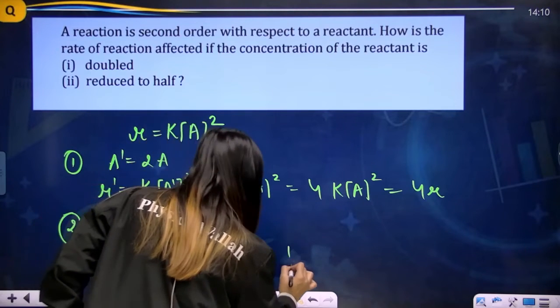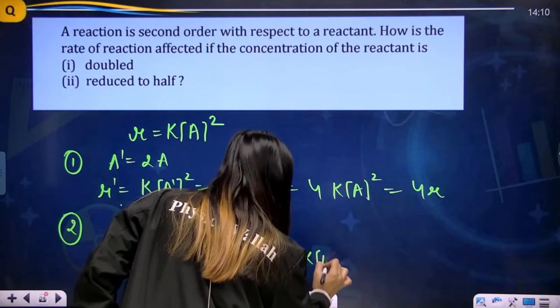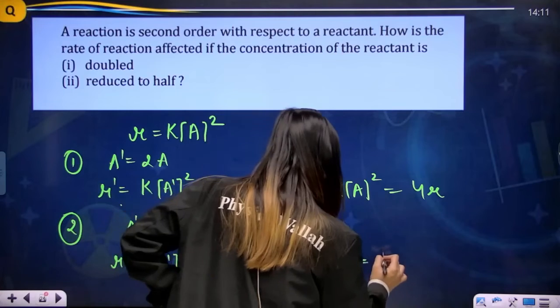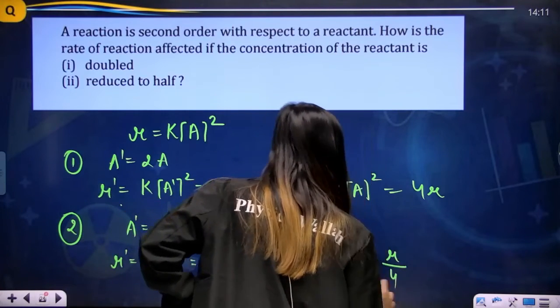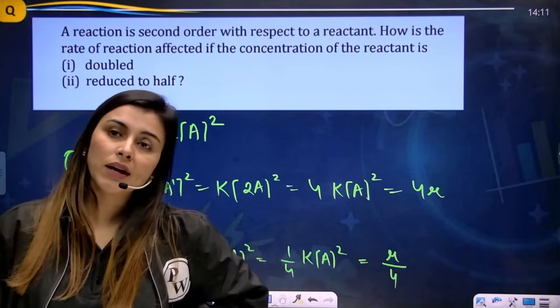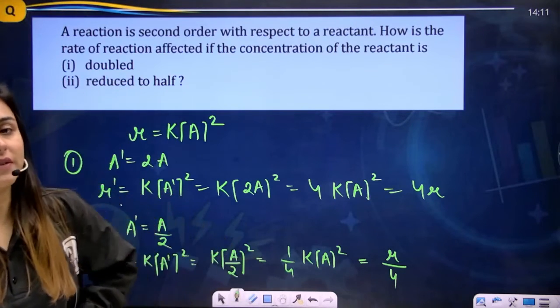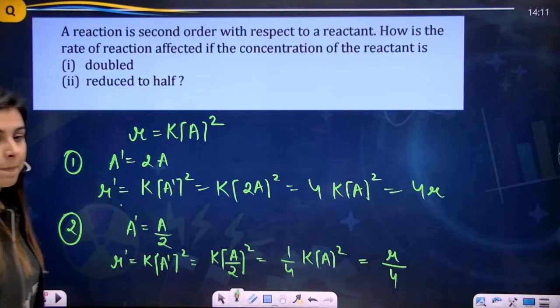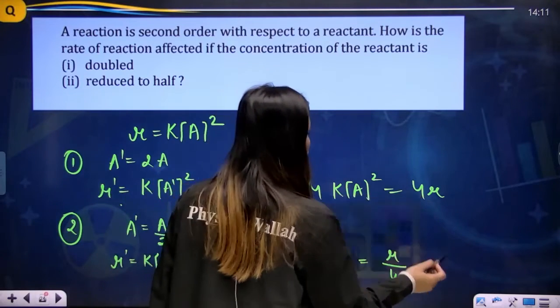This would be 1 by 4 k into A whole square, so this is R by 4. So the rate actually becomes 1/4. This is how you will be solving these types of questions. I hope you're clear with this. Perfect, my dear students. Let's move forward.